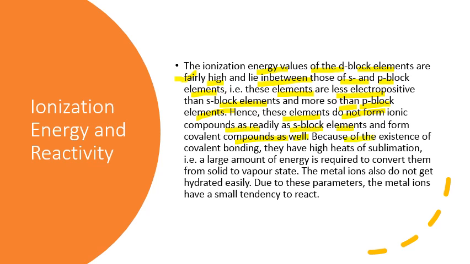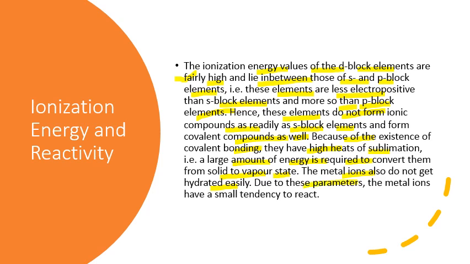Because of the existence of covalent bonding, they have a high heat of sublimation, which means a large amount of energy is required to convert them from the solid state to the vapor state. The metal ions also do not get hydrated easily.